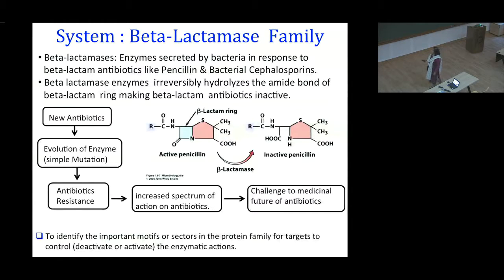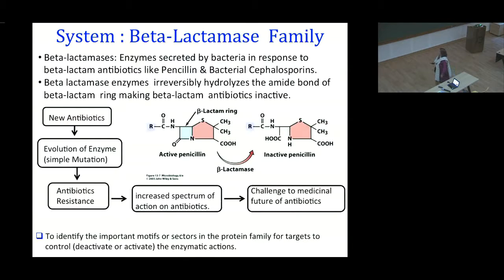And these enzymes hydrolyze the amide bond of the beta-lactam ring and make the antibiotics inactive. So here's the active penicillin, and when you put in the enzyme, it hydrolyzes this bond and makes it inactive.